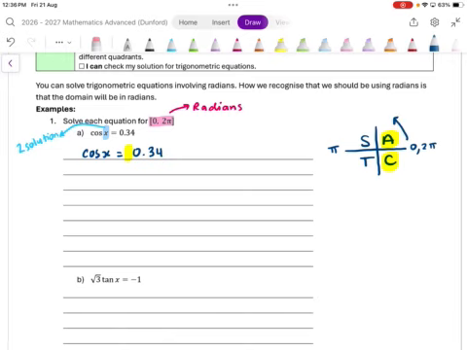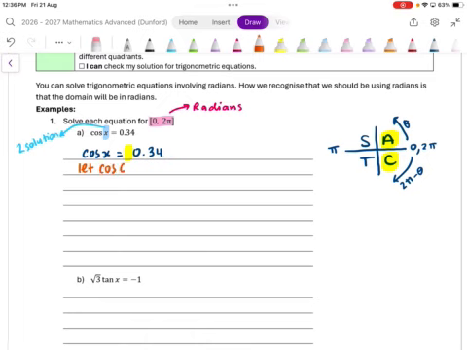If we're in our A quadrant, it is always just what theta equals. If we're in our C quadrant, when we're in degrees, it's 360 minus, so we will be doing 2 pi minus theta.